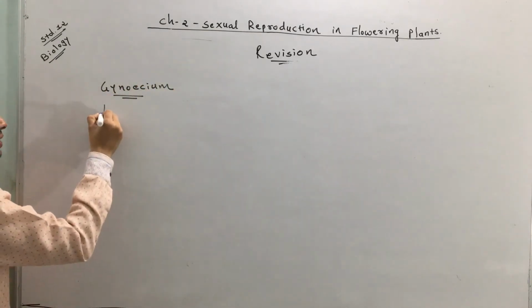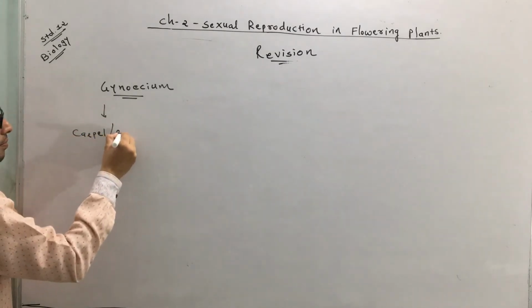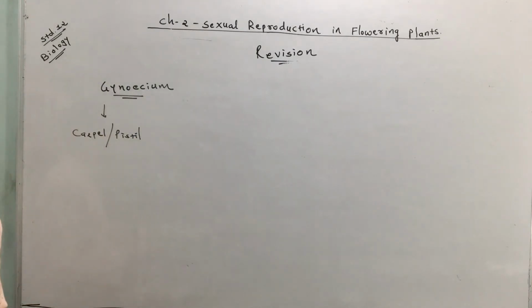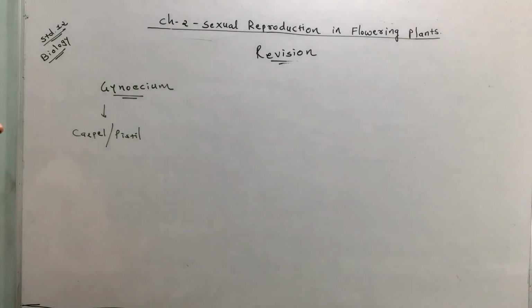Its individual unit can be called a carpel or pistil. So those flowers which possess the carpel or pistil can be called pistillate flowers, or you can also call them female flowers.